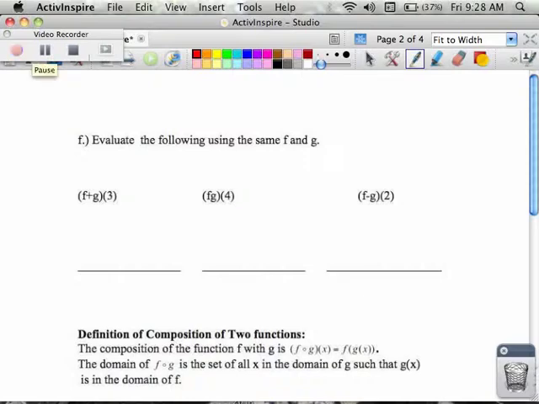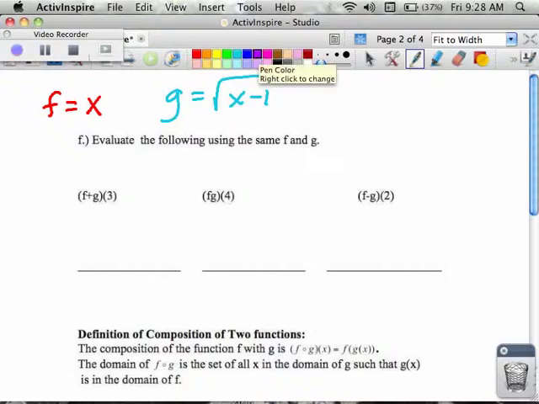In this next part, this is basically saying plug in the number. If we remember, f was x, and g was the square root of x minus 1. So the first part, where it says plug in a 3 when I add them together, that's basically saying 3, which is the f function, plus the square root of 3 minus 1.